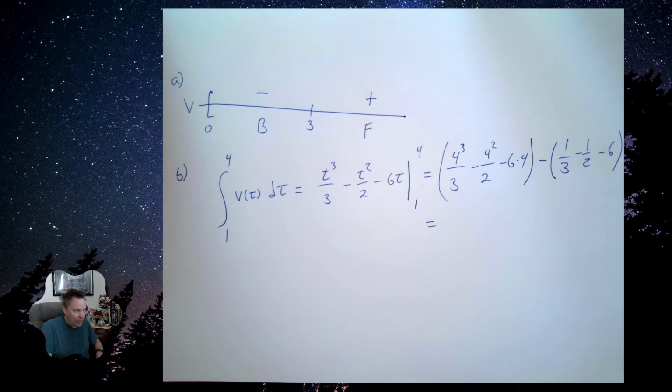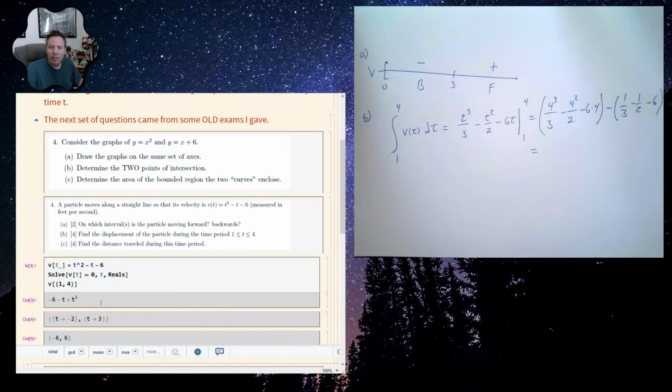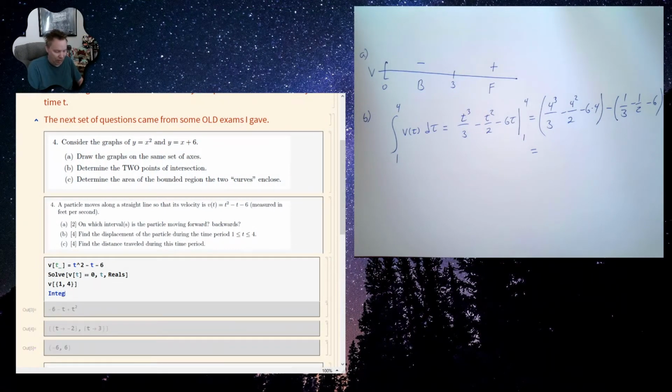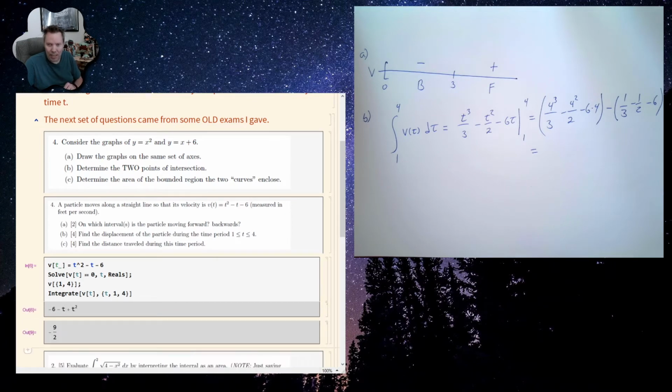One really nice thing about this is I can do some of these calculations very easily. If I use the command integrate, I'm going to integrate the velocity function, where t is my variable. I'm going to evaluate this between 1 and 4. And let me suppress some of these so I don't need to see that.